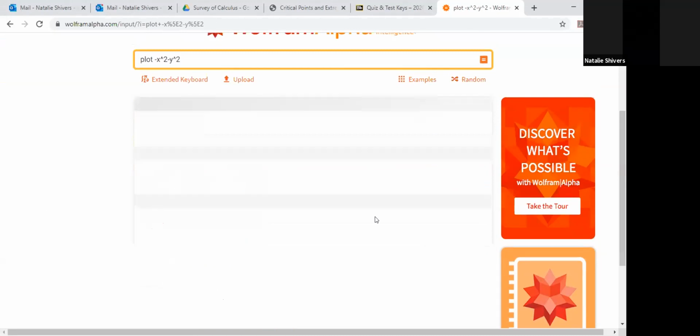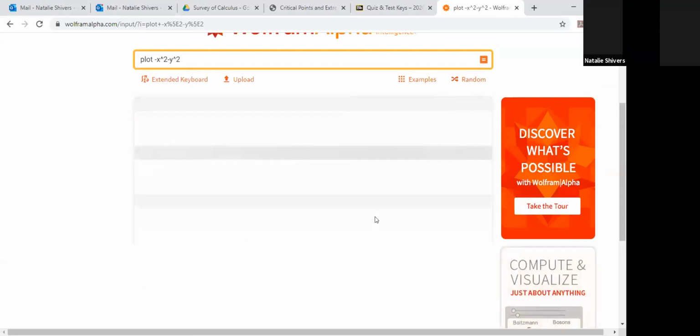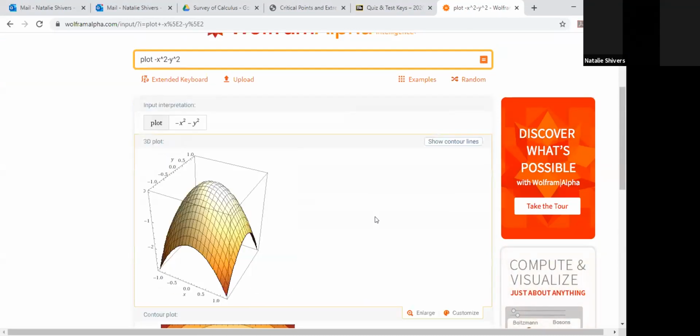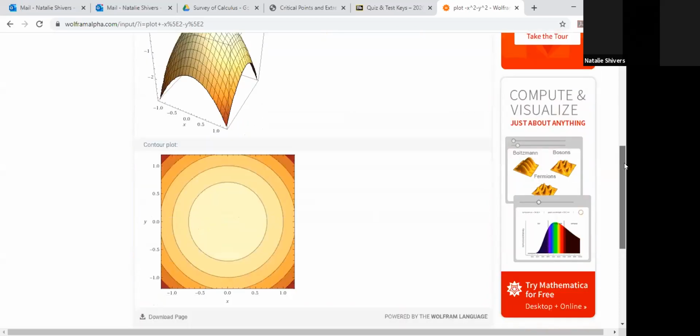Which is exactly what happens. We get a maximum at 0, 0. And again, they flatten it out. This shows that we're up on the top, which is why it's so light. And again, it's at 0, 0.